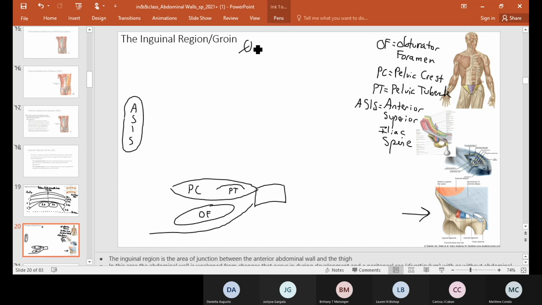So just understand that this picture does not have EAO. But the free edge of external abdominal oblique is going to basically wrap under, for lack of a better term, and create that inguinal canal.